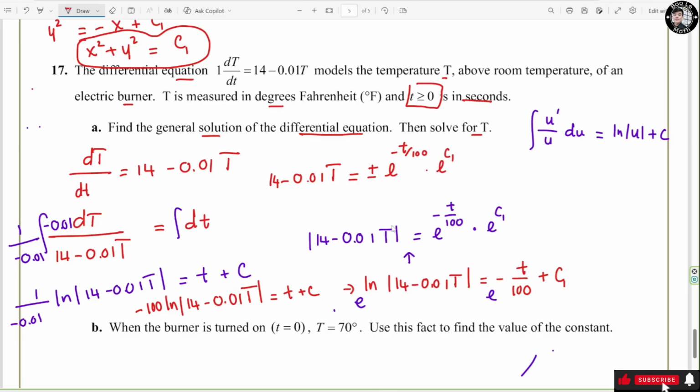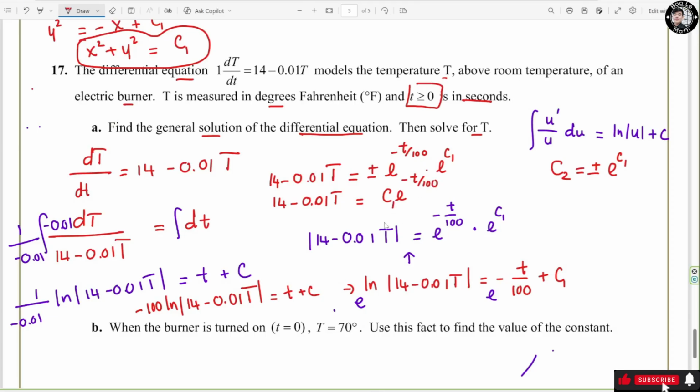So I'm going to name another c, c2, equals plus and minus e to the c1. So this guy becomes 14 minus 0.01 T equals c e to the negative t over 100.